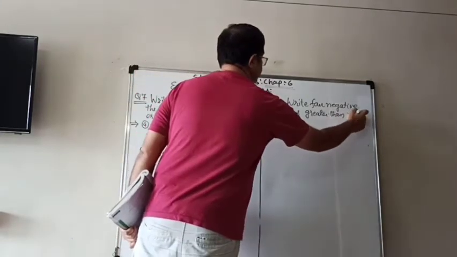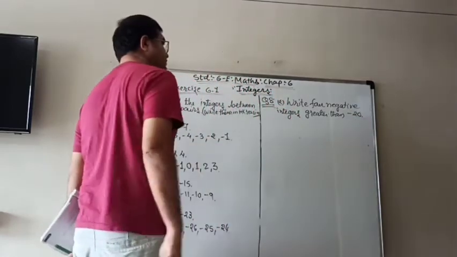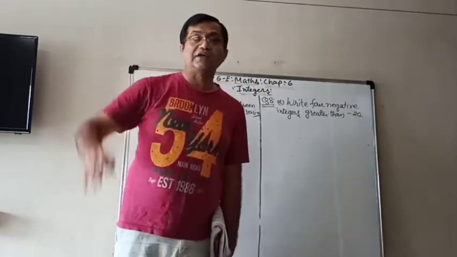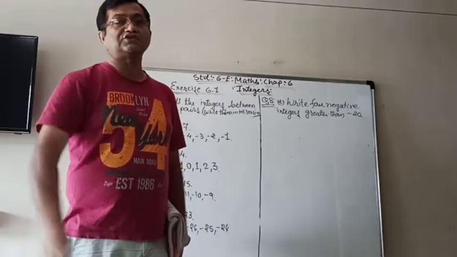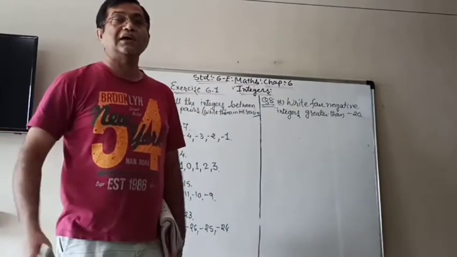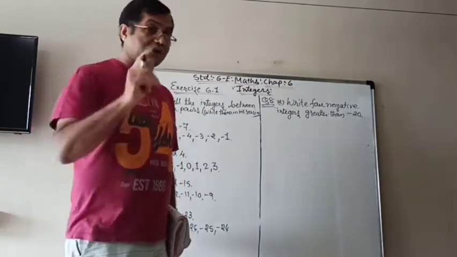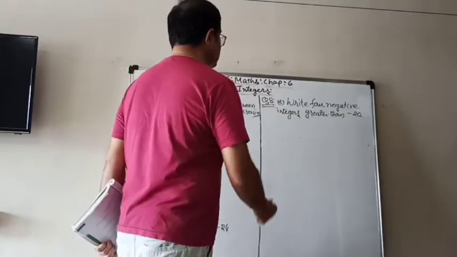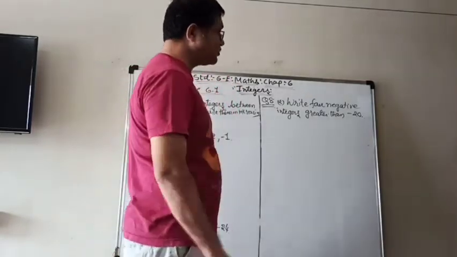So here, if you don't think properly, then you will write down minus 21, minus 23, thinking all are greater. But in negative, smaller is greater and greater is smaller.